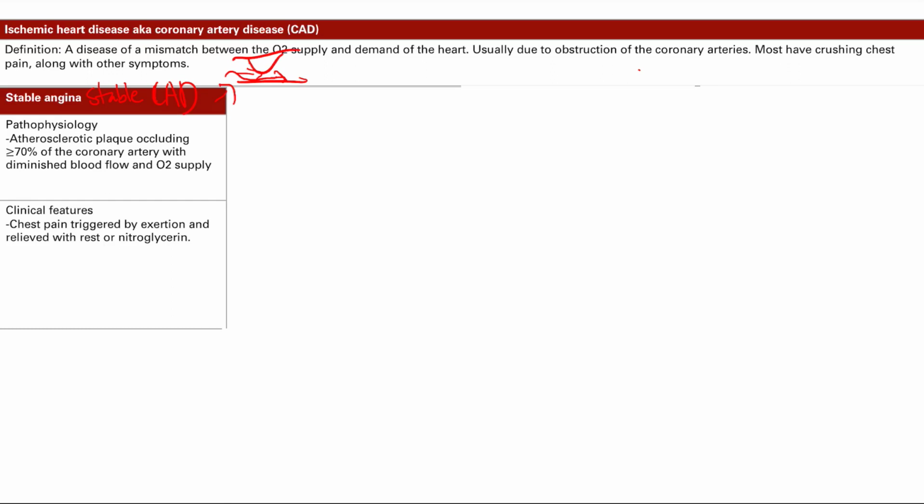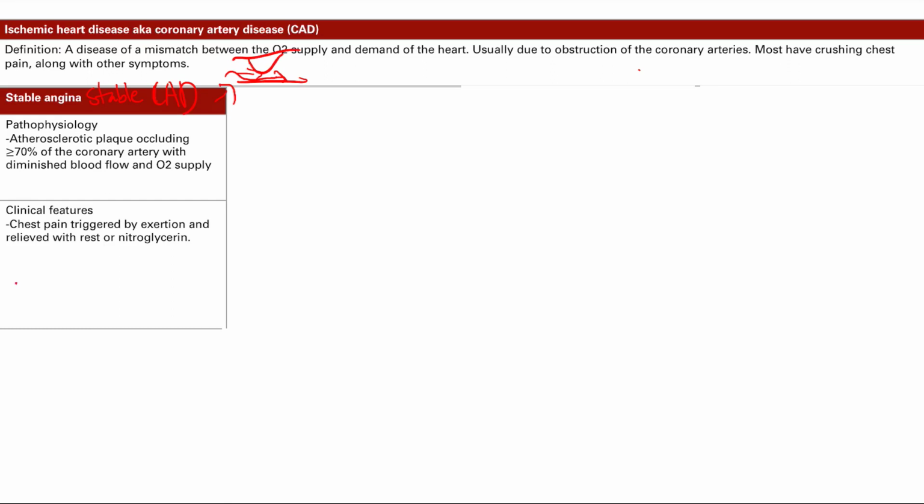And the reason is because normally for stable angina, when they're just chilling, their heart's not working too hard. So even that 70% blockage isn't enough to make too little blood supply. But when they start exerting themselves, their heart's beating faster, it's beating harder, and it's needing more oxygen, and that's when that 70% is going to kick in.